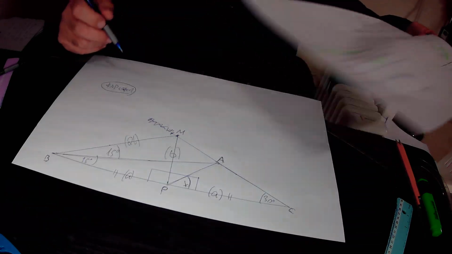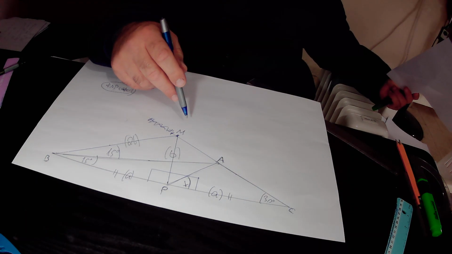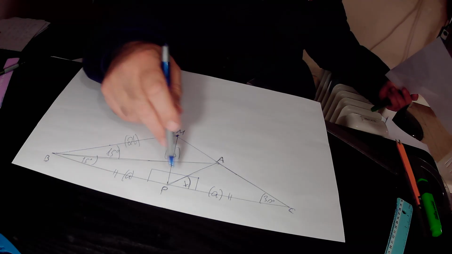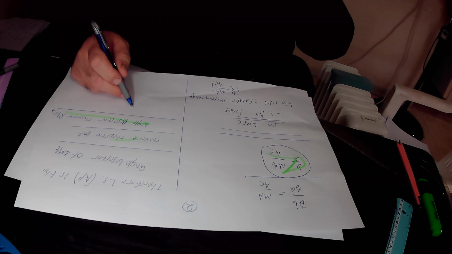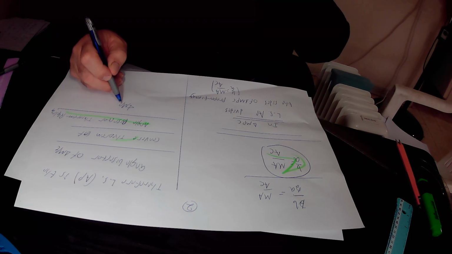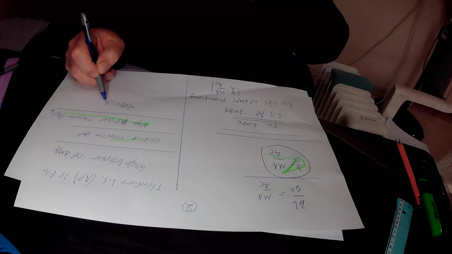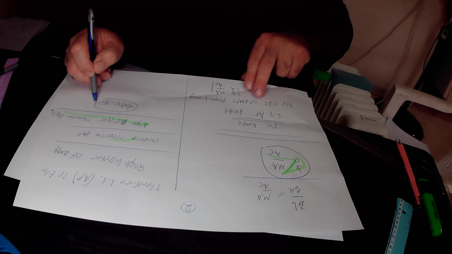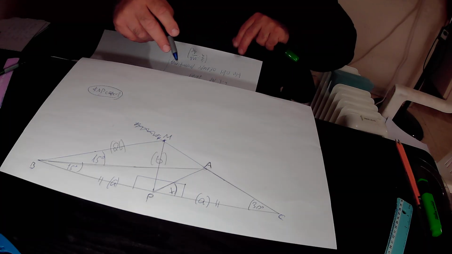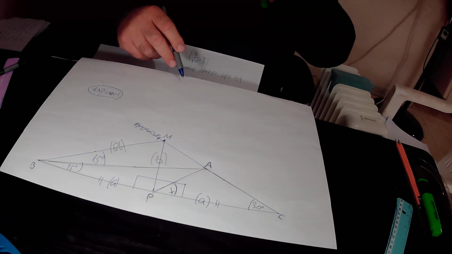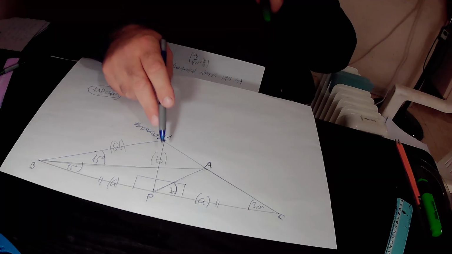So the size of angle MPC is 90 degrees. And angle bisector AP divides angle MPC into two halves. So the first half is angle MPA.